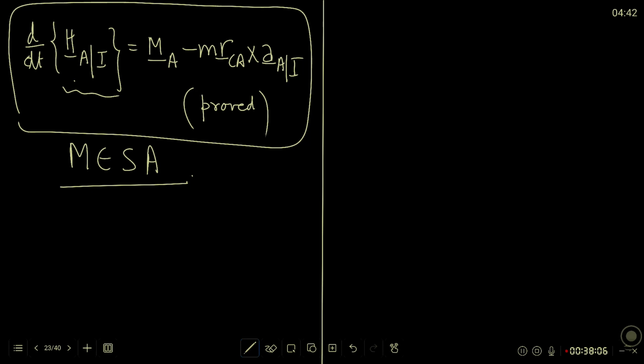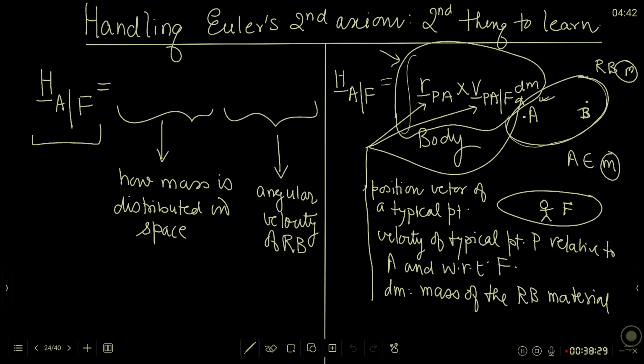This is the kind of challenge I have been trying to mention for the last two classes. And that is why what we want to do now is to see if it is possible to split angular momentum of the body into two parts, where one part is dependent on how mass is distributed in space, and the second is the angular velocity of the RB with respect to F. Is it possible to do this?